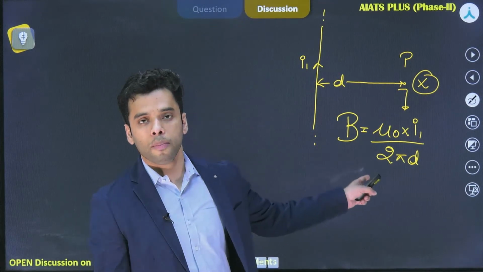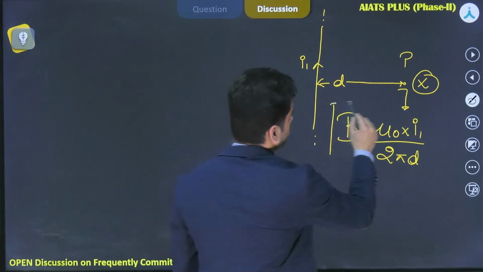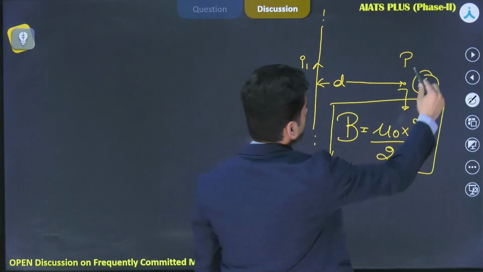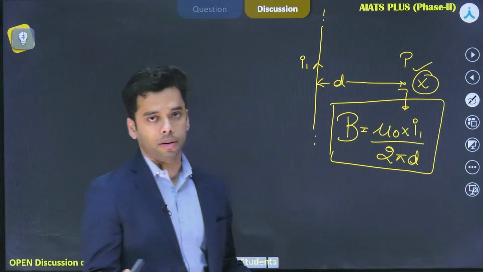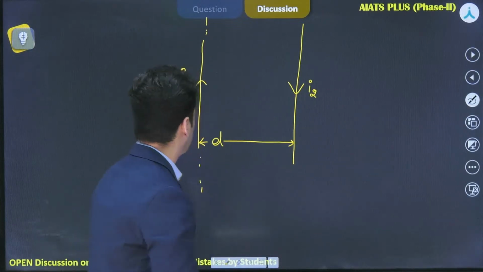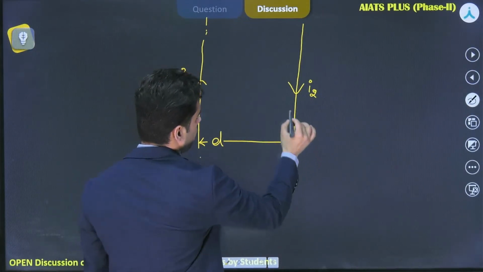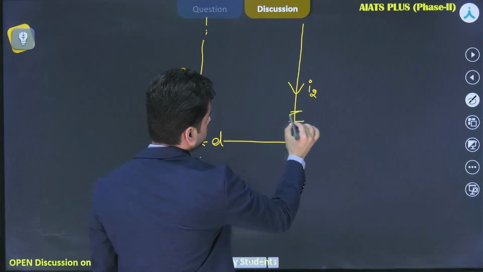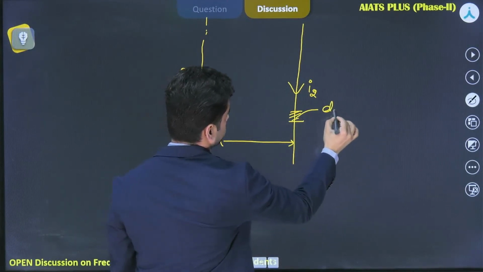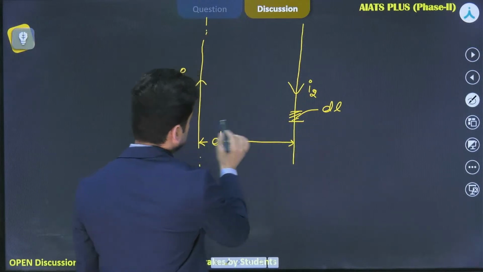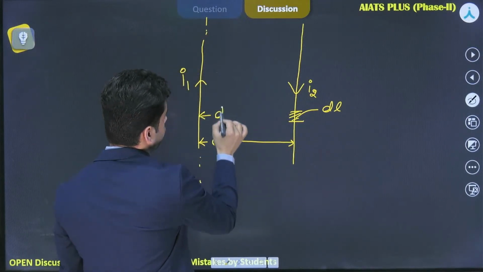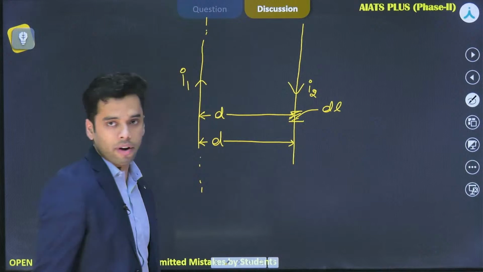So you got the magnitude as well as the direction. So you are sorted. Now suppose that I take a very small segment of this wire, this dL segment, and this lies at a distance d from this wire, right?